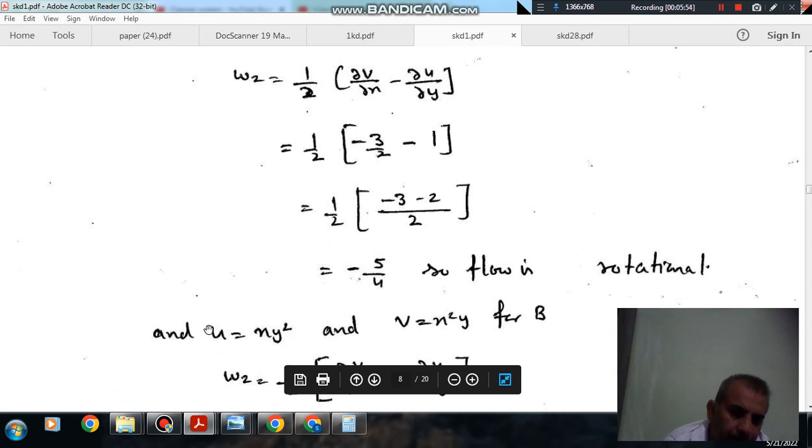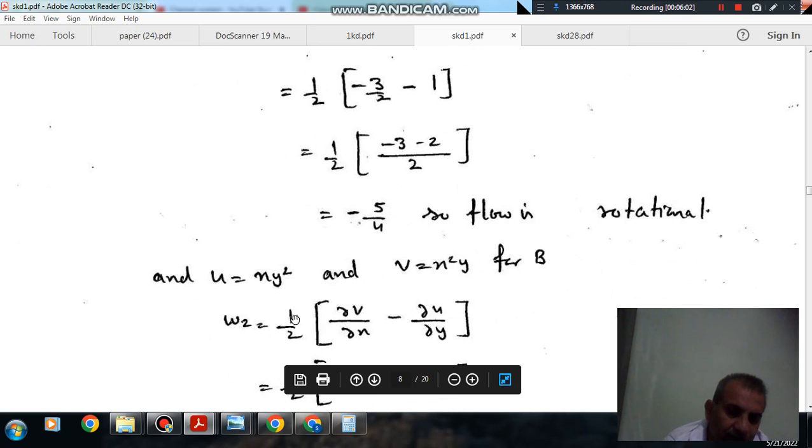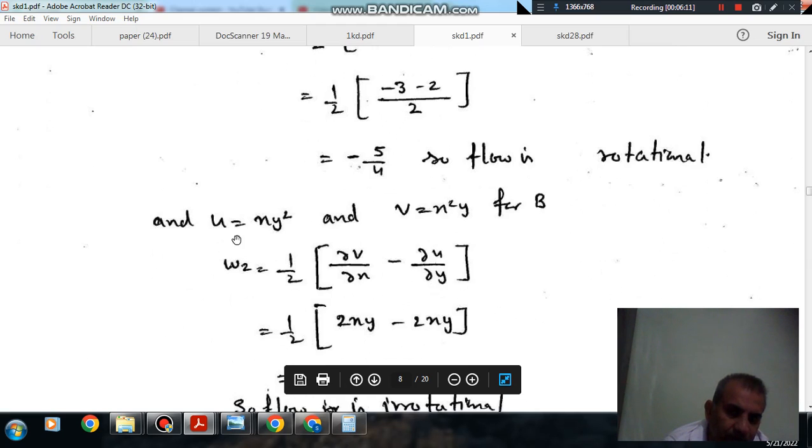Now for flow B, u is given as xy square and v is given as x square y. Omega z is 1 by 2 of ∂v/∂x minus ∂u/∂y. So ∂v/∂x is 2xy and ∂u/∂y is again 2xy.